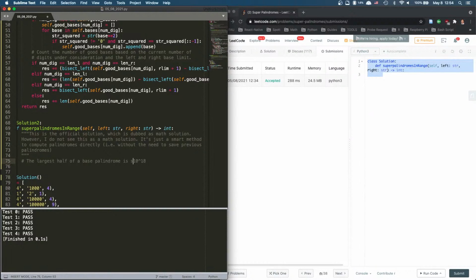We take the square root of this, 10 to the 18th, and that's the largest base, 10 to the 9. When divided by 2, which is also a square root, this gives us 10 to the 9th, right? If we take the square root of this, it gives us its 5 digits.